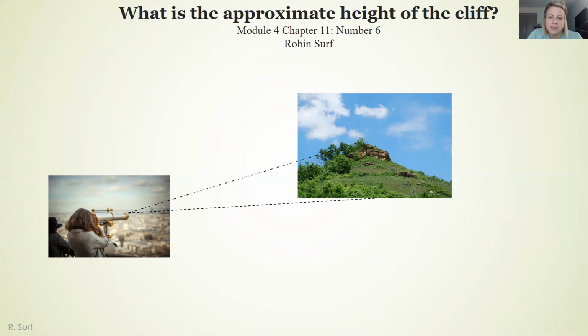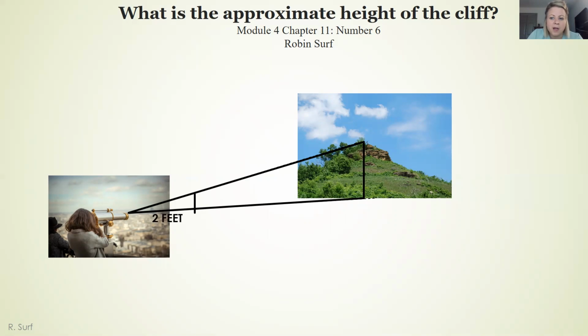So that tells us we can actually draw a triangle which looks like this. And we can say that the ruler is here. Since the ruler is 2 feet away, we can place 2 feet here.